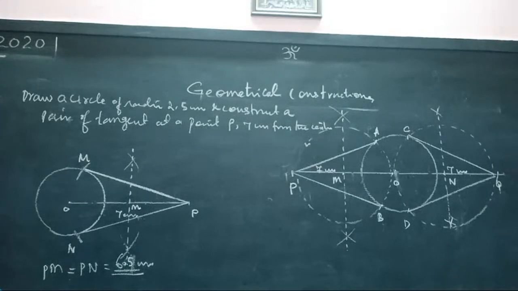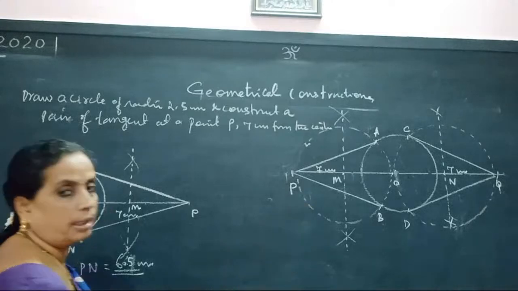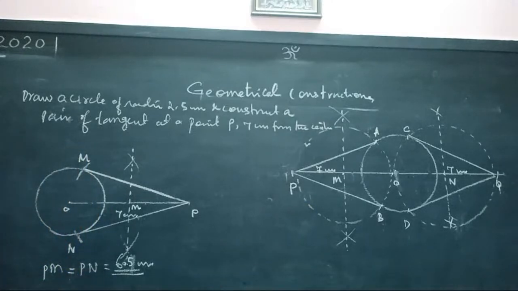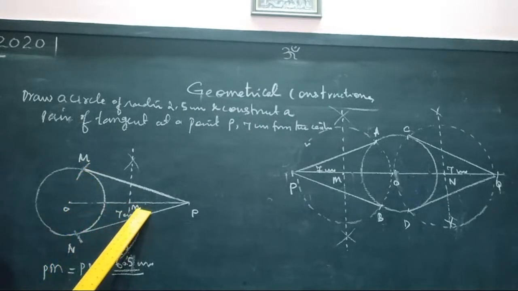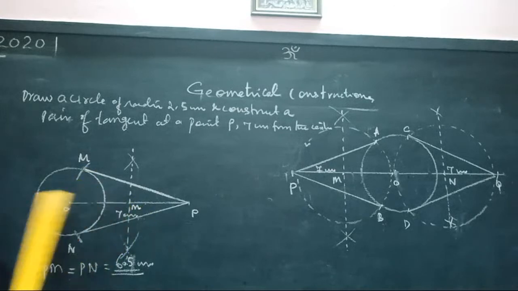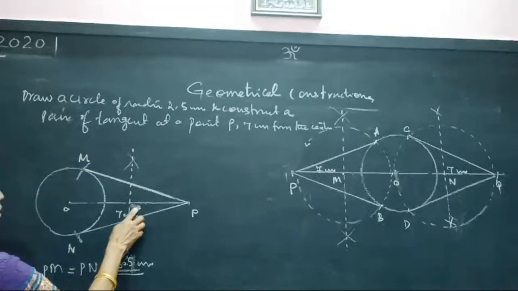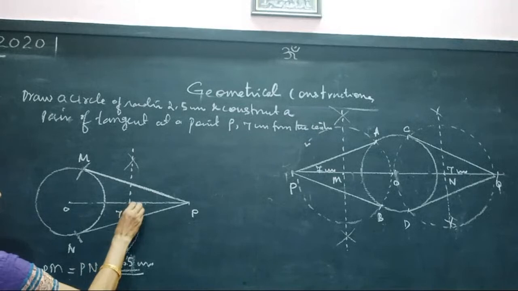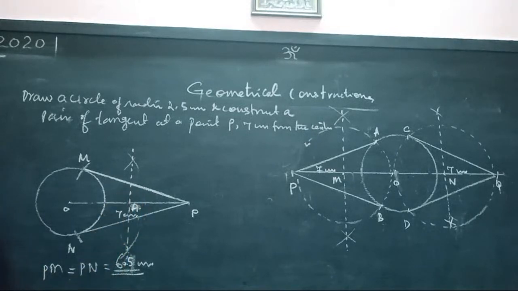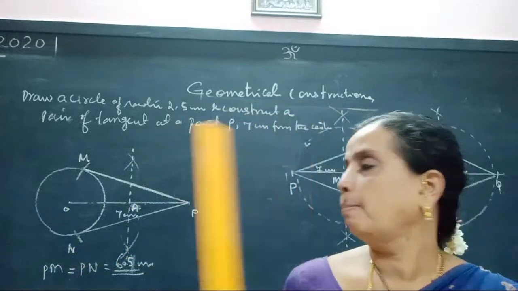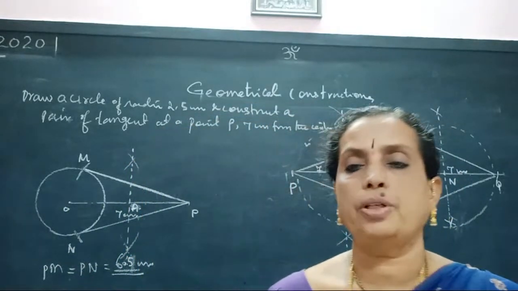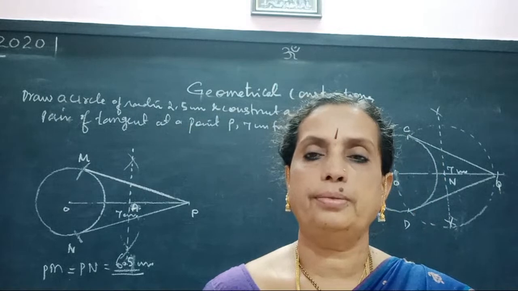Is it clear? So instead of a dotted circle, here I have shown the alternate method. Cut off the MO radius at A and B. So similarly, if you measure, you will get a pair of tangents which are equal in length.